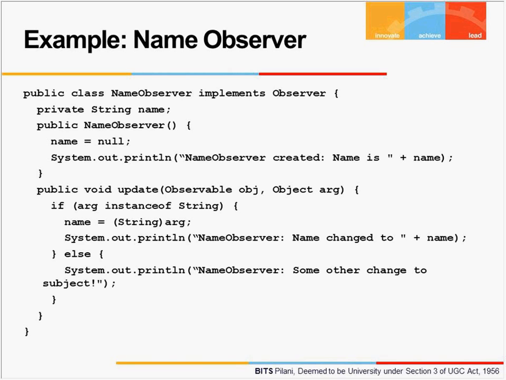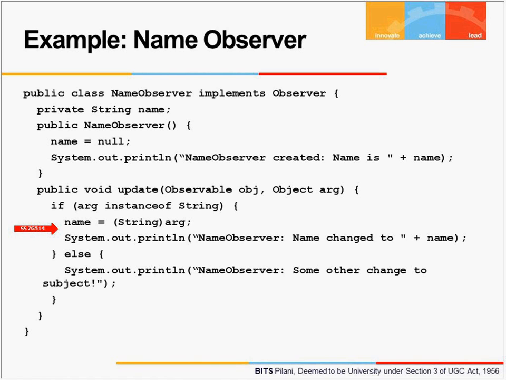So this is my constructor of the name observer, and then it implements the update method of the observer. Right? When notify is invoked by the subject, the notify method of the subject invokes the update method of the observer. Right? The observer will check the change. If the type of change is a string, it says that the name has been changed, without bothering if some other change has happened to the subject.